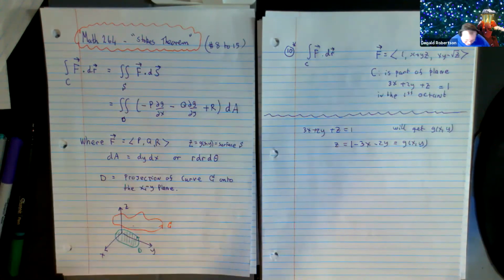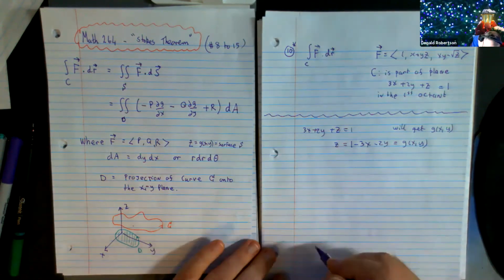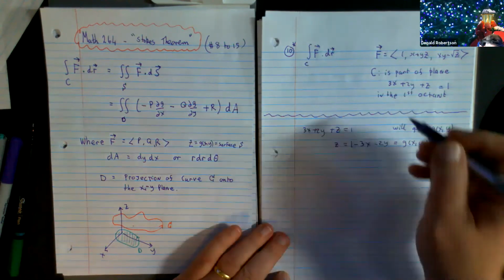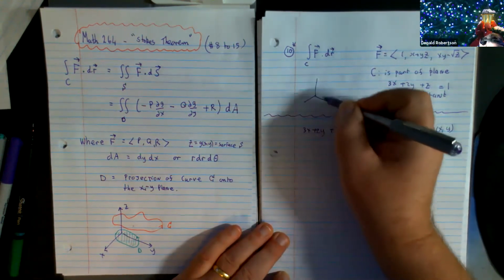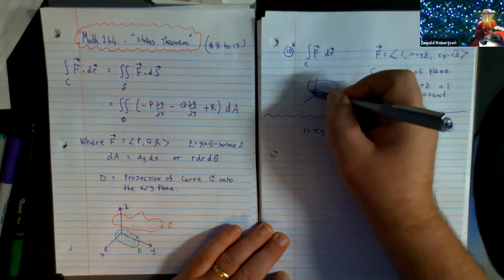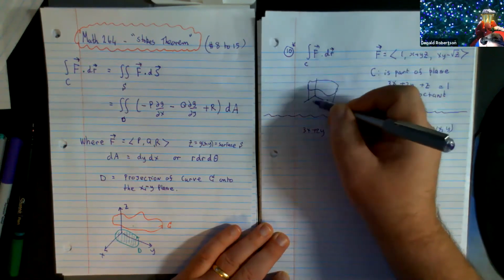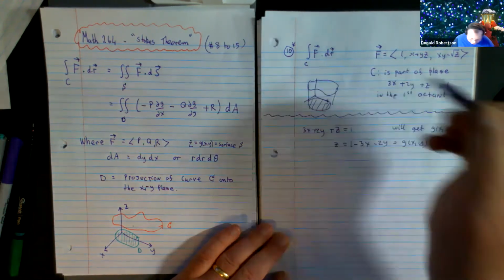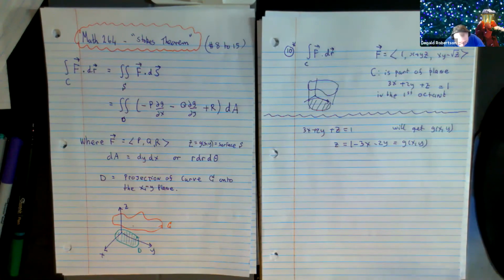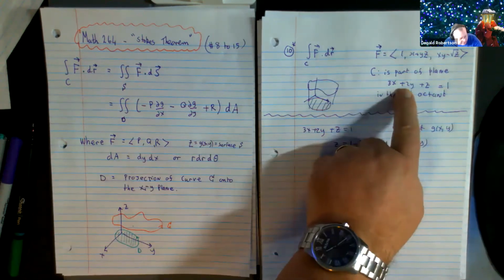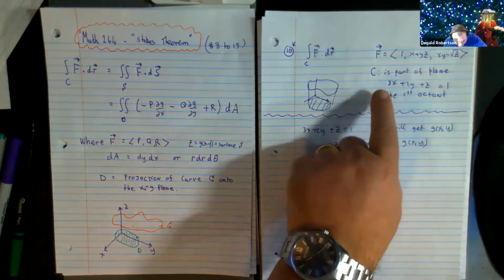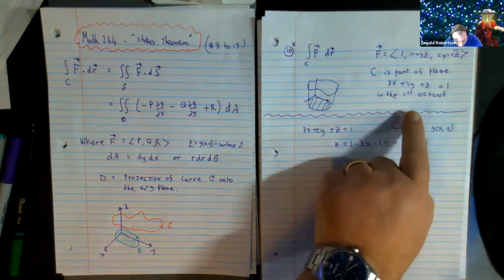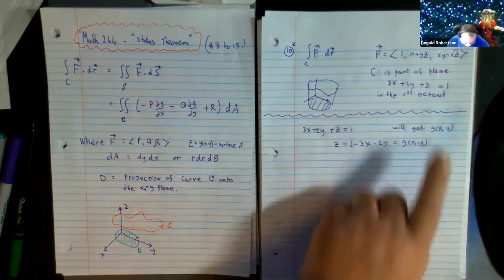Okay, got that guy. Now it's a little bit harder, but can you imagine that you've got your curve and it's doing whatever it is doing up there? You're going to project that onto the xy plane. It's going to create a D, right? So we have got to figure out, what does this thing look like if you project it onto the floor, but you restrict it to the first octant?